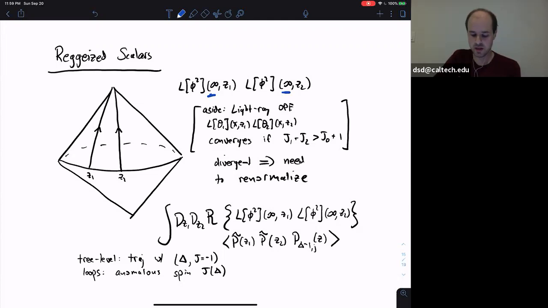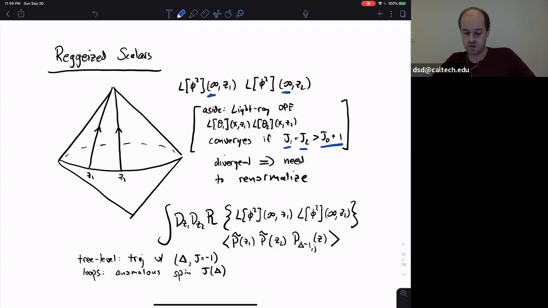The interesting thing here is that a product of null integrated operators like this is finite if and only if there's a condition on the spins of the operators. The condition is that J1 plus J2 is bigger than J0 plus 1, where J0 is the Regge intercept of the theory. If that condition is satisfied, then this product can be re-expressed in terms of other operators on the Chew-Frautschi plot. That's the content of the light ray OPE.